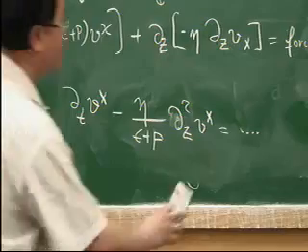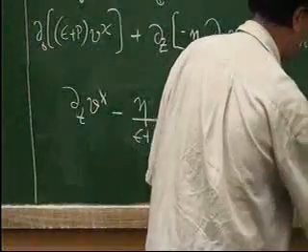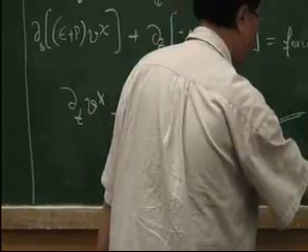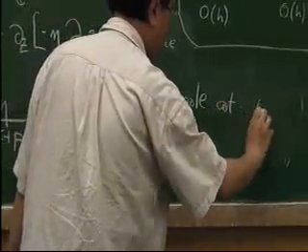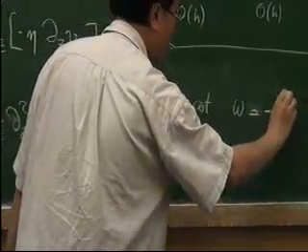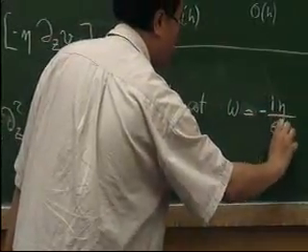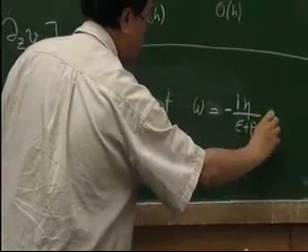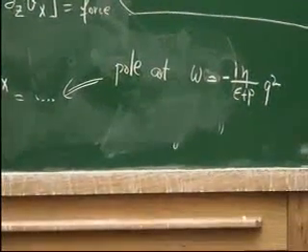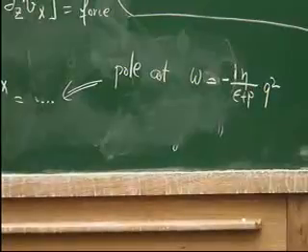So we have poles at omega equal to minus I eta divided by epsilon plus p, times q squared. If you compute the correlation functions, they will have single poles located at this position.